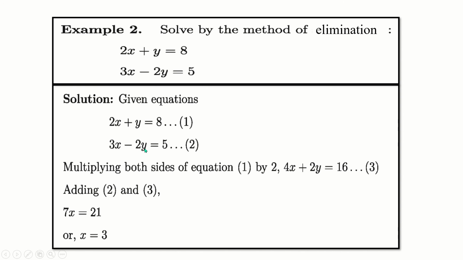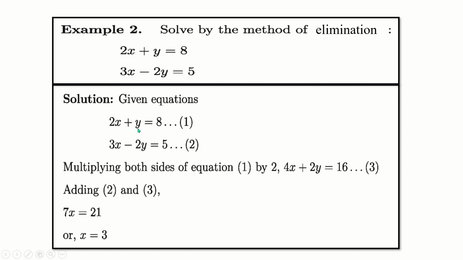Here the coefficient of y is equal to 2 and here the coefficient of y is 1, so we have to multiply equation 1 by the coefficient of y of the second equation, and equation 2 by the coefficient of y of the first equation, that means 2.